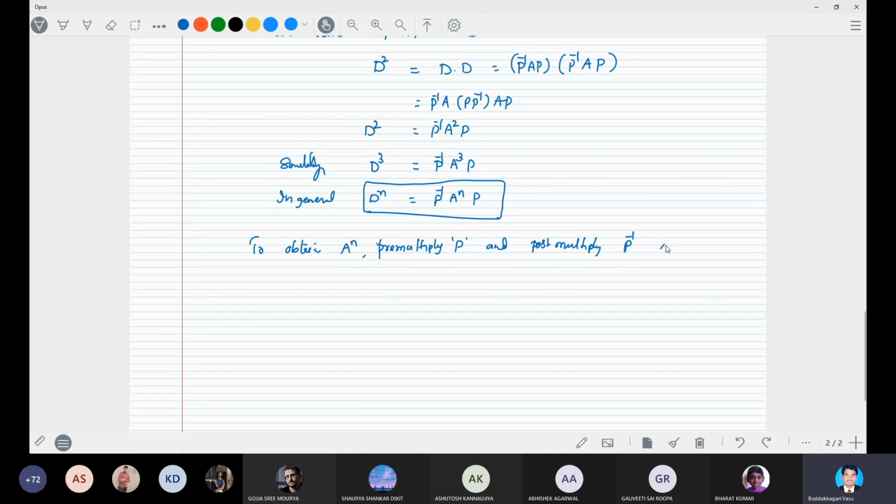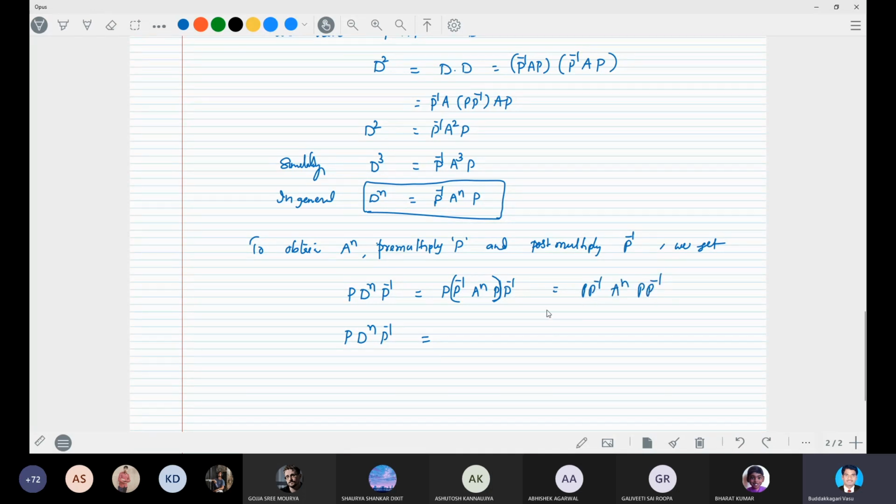So we get P D^n P^-1 is equal to P P^-1 A^n P P^-1. Pre-multiply by P, post-multiply by P inverse.